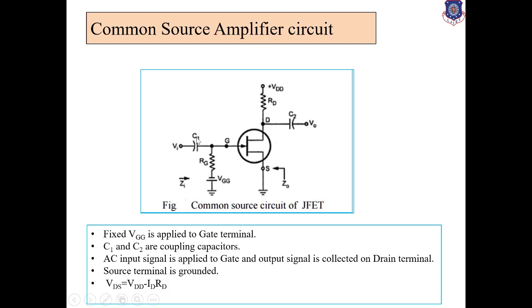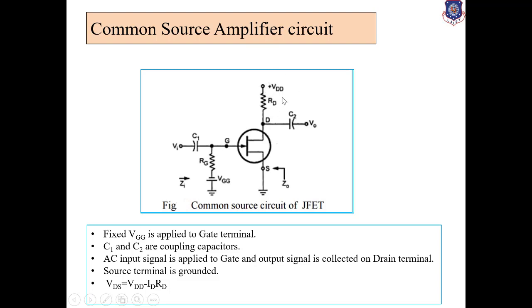C1 is the coupling capacitor for the input and C2 is the coupling capacitor at the output terminal. This is the input resistance denoted by Rg. This is the output resistance denoted by Rd. This is the gate resistance and this is the drain resistance.